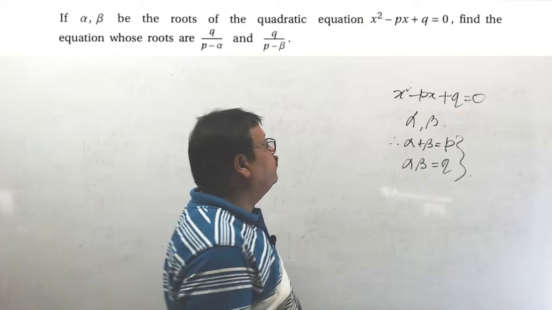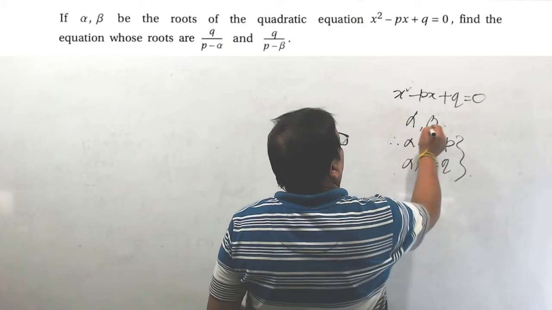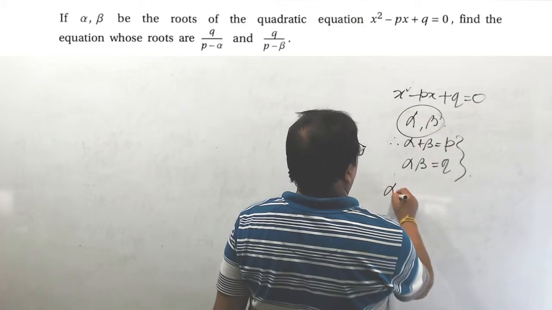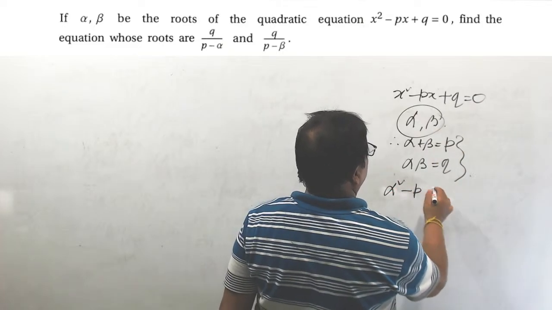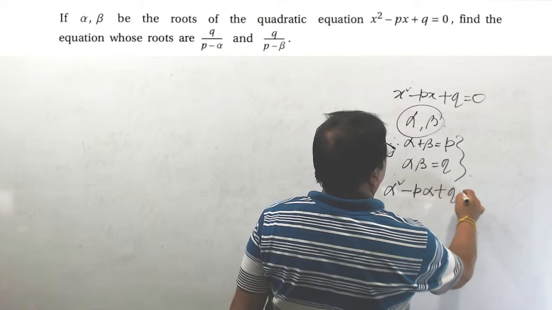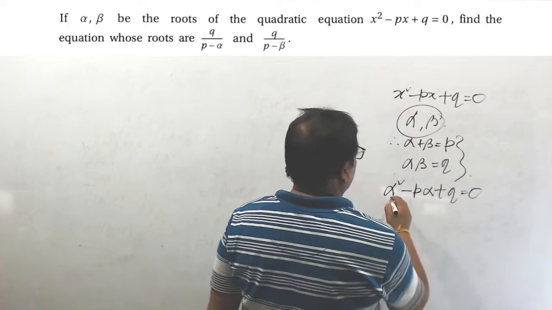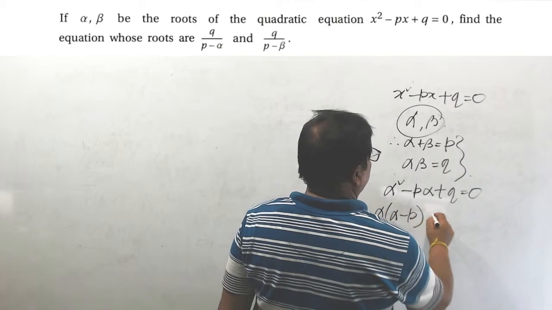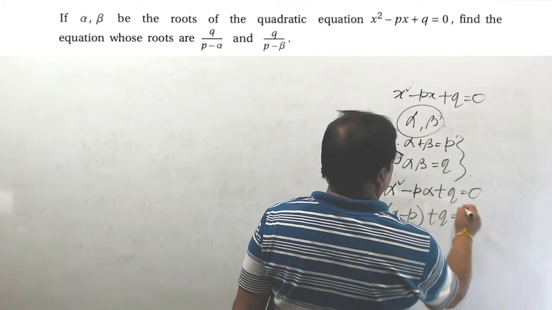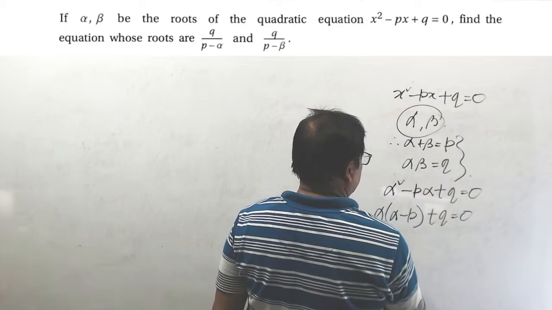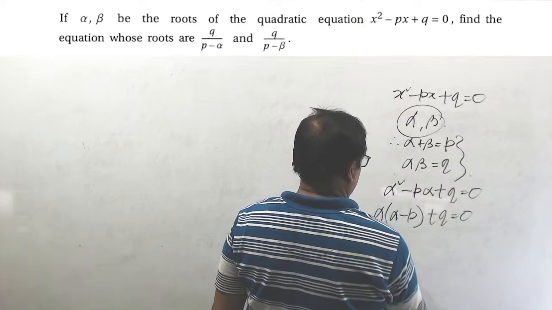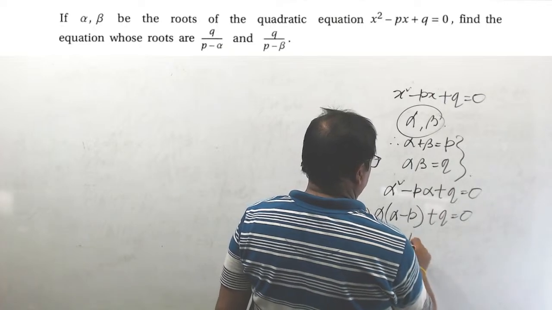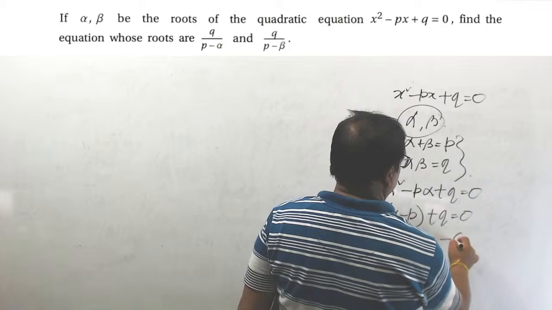That is, alpha square minus p alpha plus q is equal to 0. Take common alpha: alpha into alpha minus p plus q equal to 0. That is, alpha minus p equal to minus q. Understood?